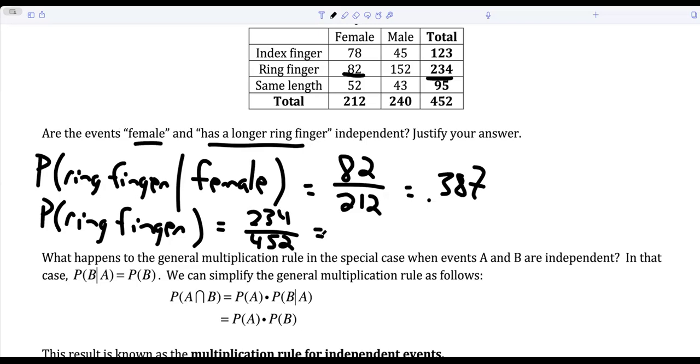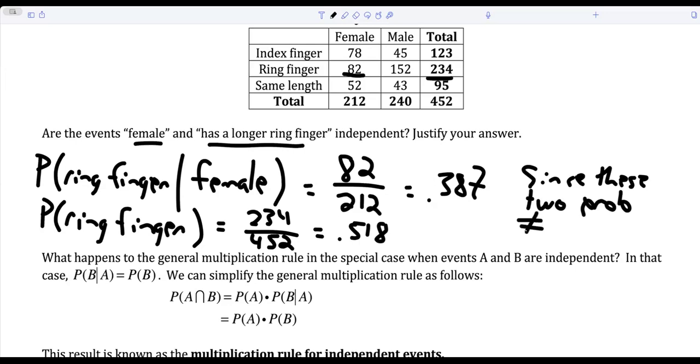And this is equal to, it's a little over half, right? 0.518. Therefore, since these two probabilities are not equal, the events are not independent.